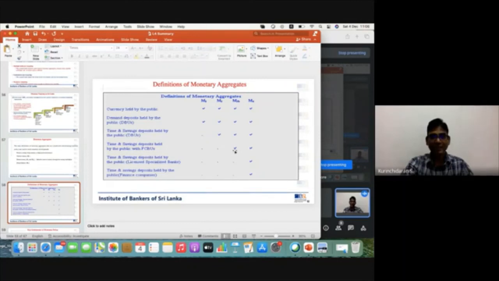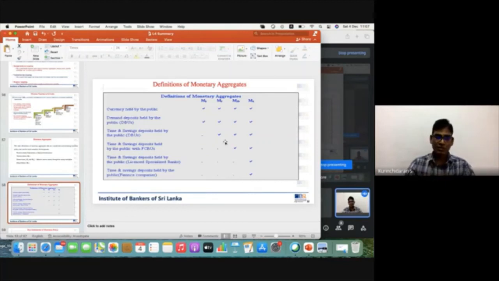And then M4 means M2B plus time and savings deposits held by the public in licensed specialized banks and time and savings deposits held by the public in finance companies. So this is the aggregate. We call it M0, M1, M2, M2B, M4.